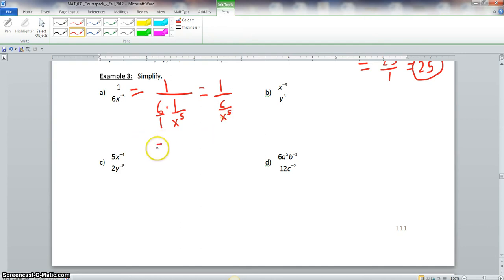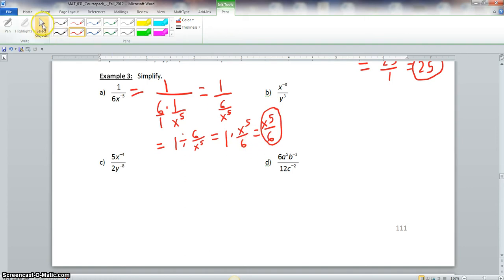This is 1 divided by 6 over x to the 5th power, so this would give us 1 times x to the 5th all over 6. We know 1 times this factor would end up being this factor, so it'll be x to the 5th all over 6. This would be your final answer here.